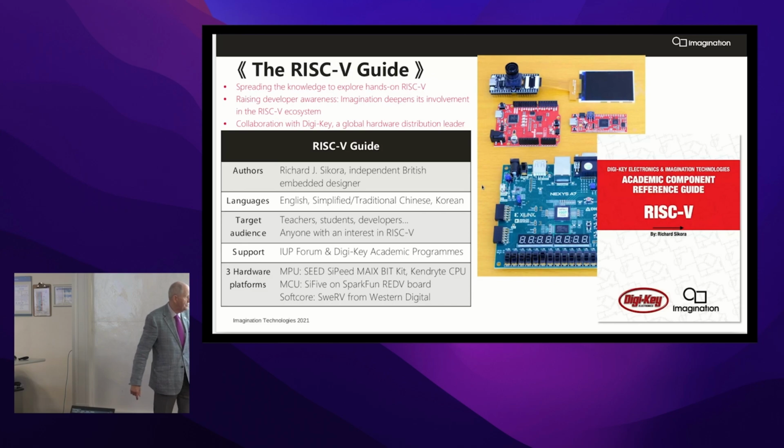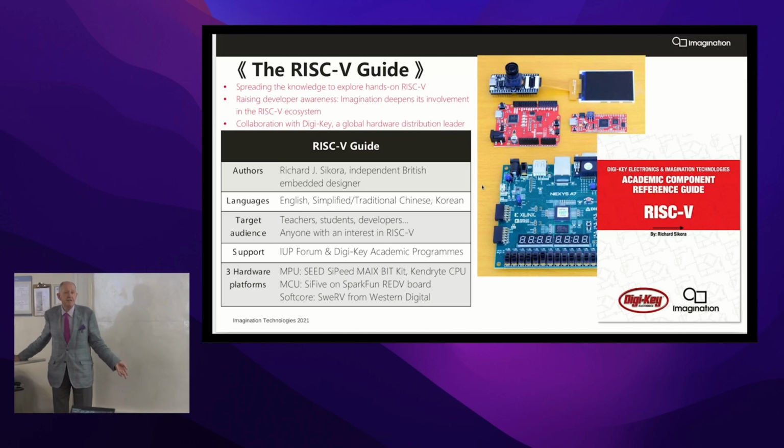The one you're working with, the Swerve, a soft core; the microcontroller implementation, using a SiFive core on a SparkFun board, which you may know about; and also an MPU, a microprocessor implementation on a SiPeed board using a Kendryte CPU. We take 3 well-known examples and look at how RISC-V is being used. That's available as a free download from our website. It's also part of the academic guides on the DigiKey website.